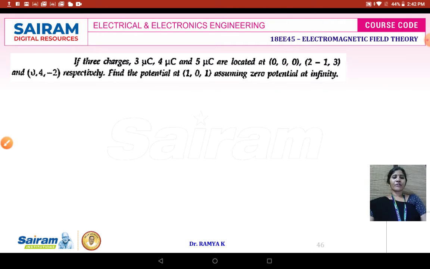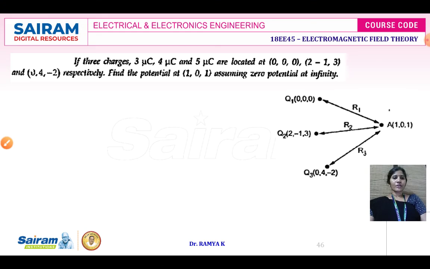To identify the distance, this is the diagram corresponding to the problem. Now VA will be the sum of the 3 potentials appearing at this point. So VA is nothing but the summation of the potentials due to Q1, Q2 and Q3.